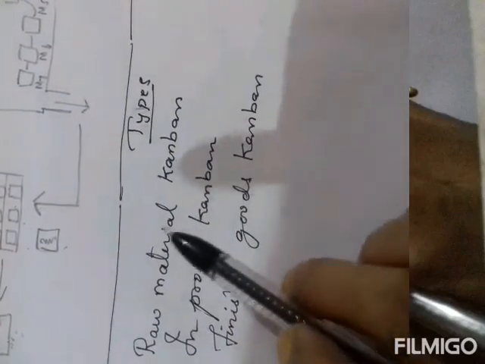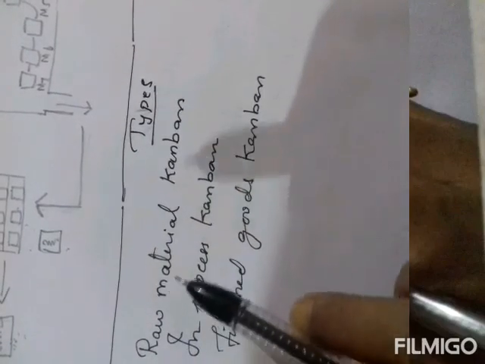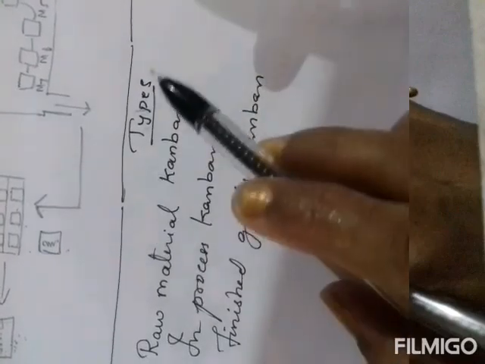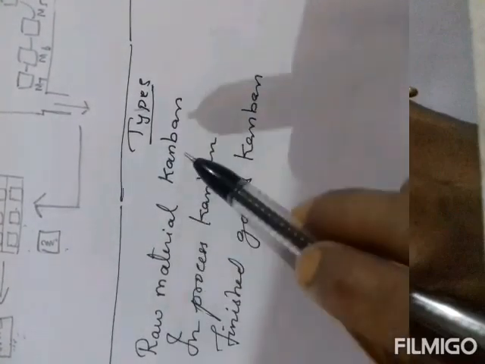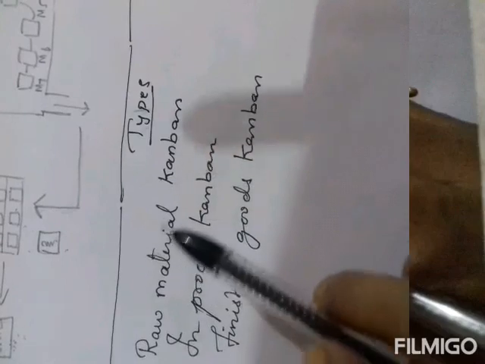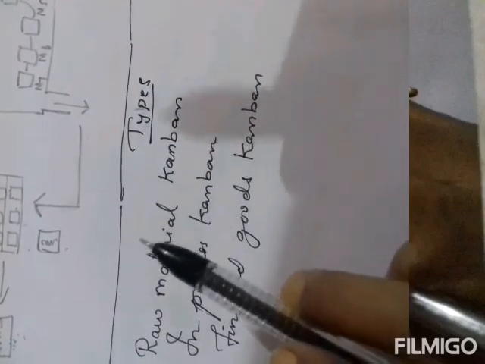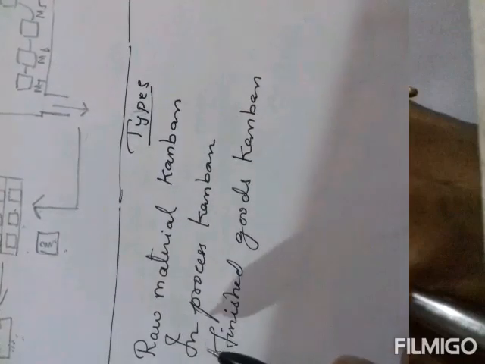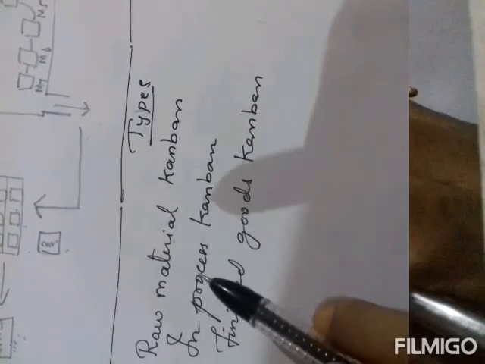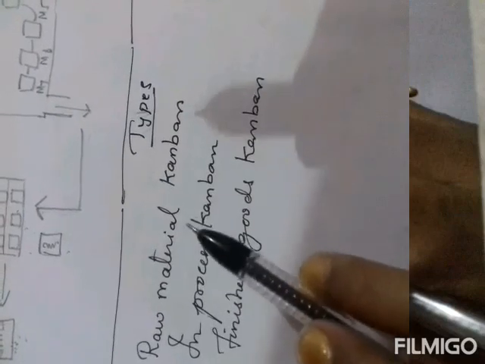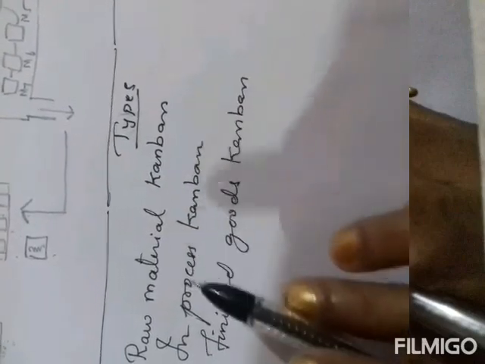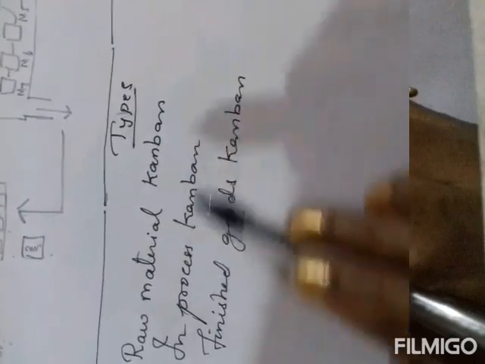Raw material Kanban tells the supplier when to send how much of a particular item to a particular place. So that is a raw material Kanban. In process Kanban determines the amount of work in process that can be kept between any two operations in process.